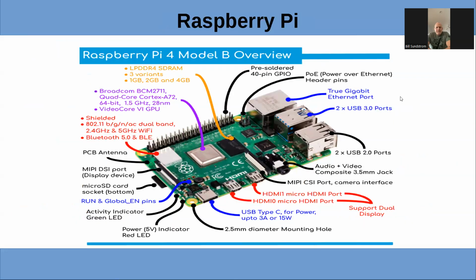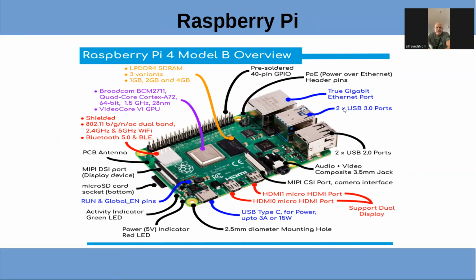Then we get to the Raspberry Pi family. The Raspberry Pi is a little more powerful, at least the basic one, than the Arduinos. It's a single board computer.